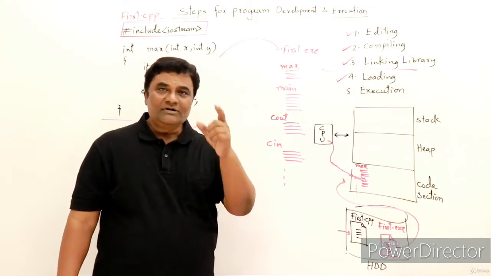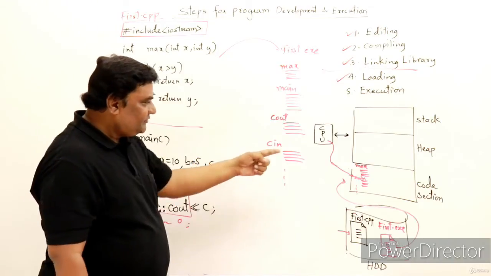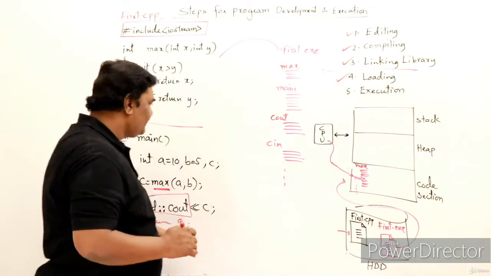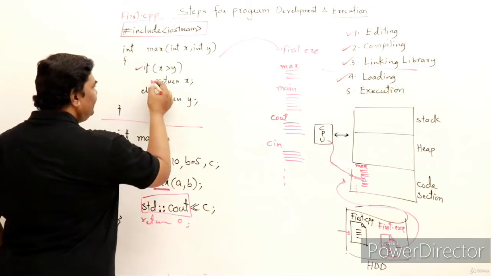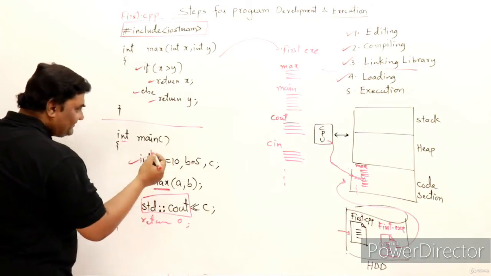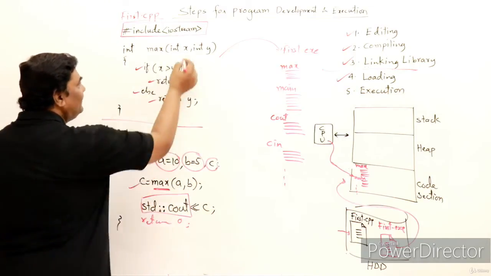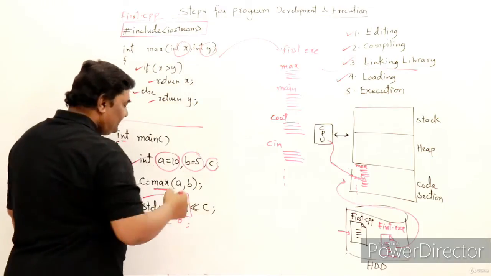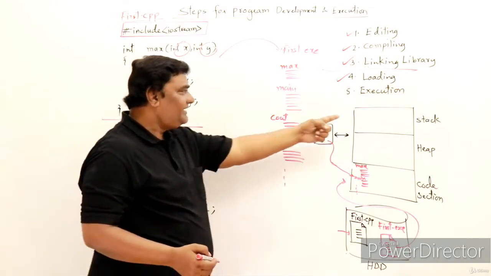Now, a little bit more about the execution. This is the last step I am showing you. Once the CPU is given the address, it will start executing. If you look into the program, all these are instructions, but A, B, C is a data variable. X, Y are the variables, right? Now for variables also space should be there.